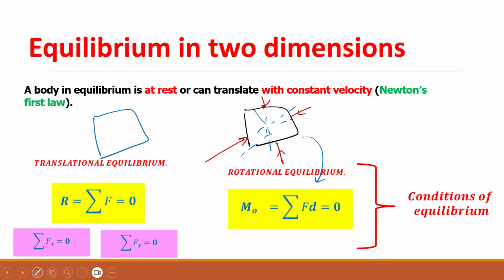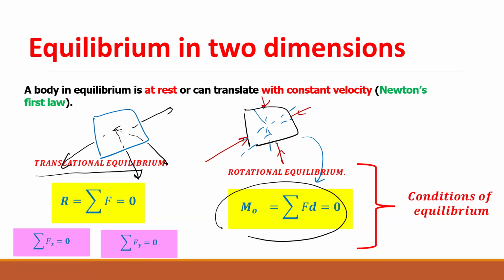Forces going through a single point means, there can be many forces, but when you extend the line of action of the forces, if they are intersecting at a single point, then we only consider the translational equilibrium. It's okay to consider the moment, but it is wasting your time.